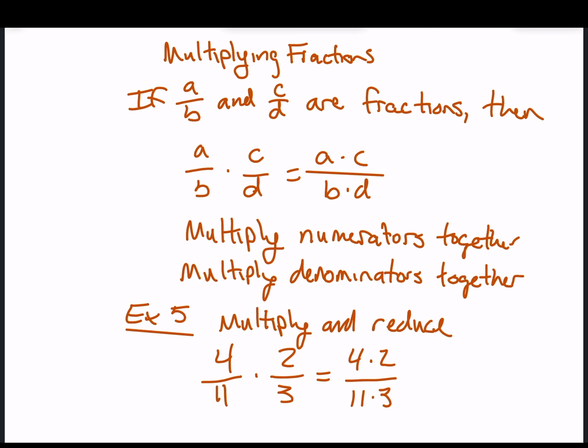Do we have any common factors in the numerator and denominator? Well, no, in this case we don't, because both of our factors in the denominator are prime, and neither of those appear in the numerator. So we just multiply numerators together. 4 times 2 is 8, and 11 times 3 is 33.